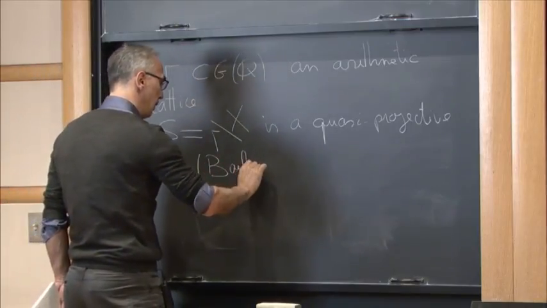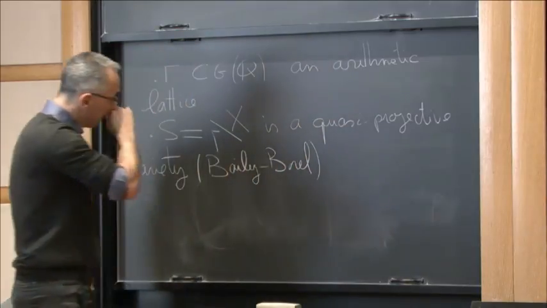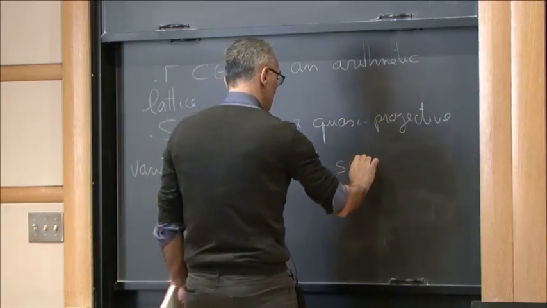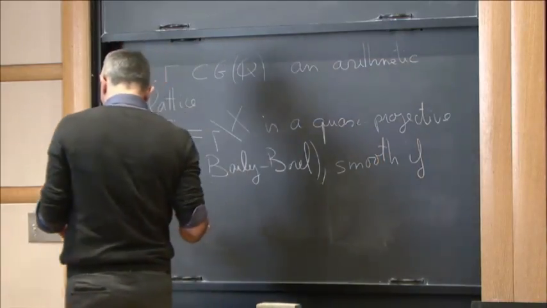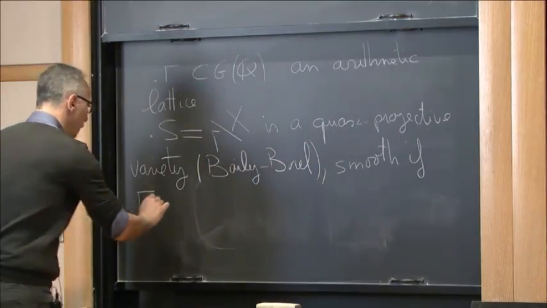This is due to Baily and Borel. And it's smooth if gamma is torsion free.